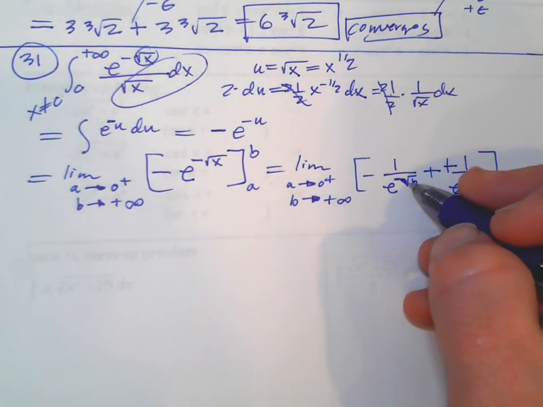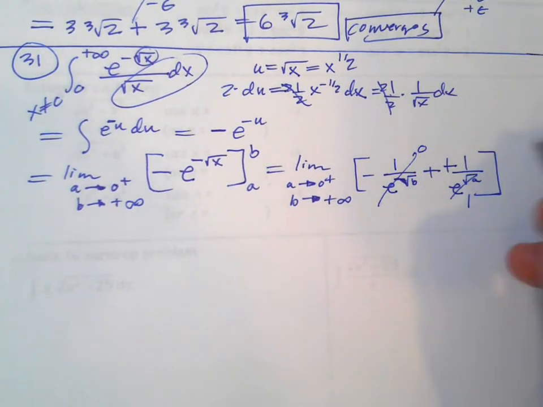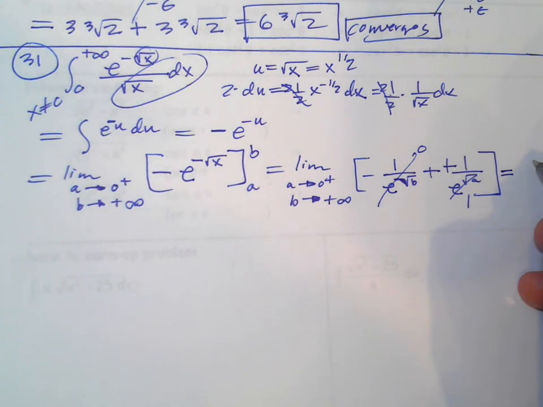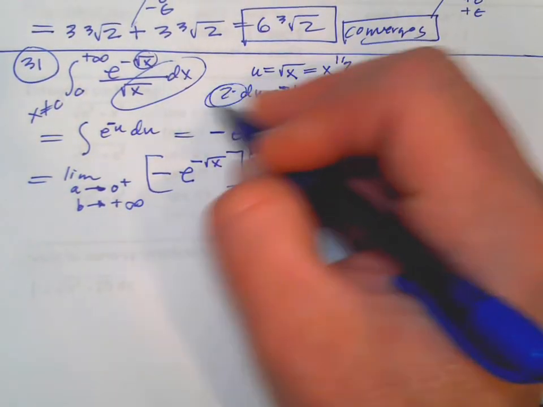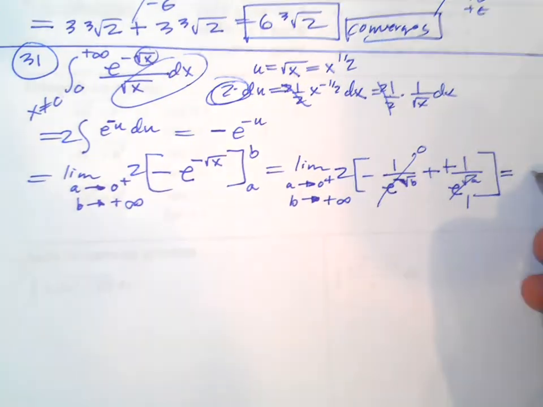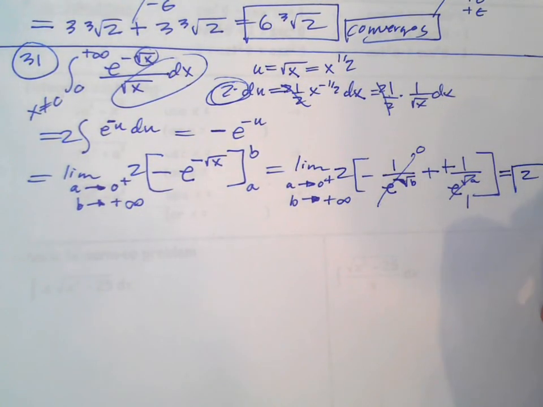This other one is going to blow up in the denominator, so that's going to go to 0. So I think the answer is going to be, oh shoot, I forgot about the 2. The answer is 2. It converges.